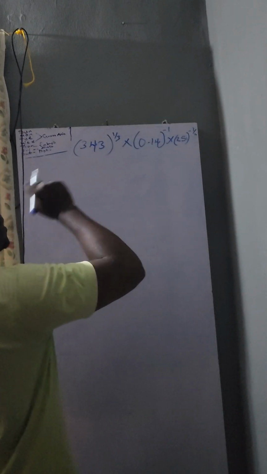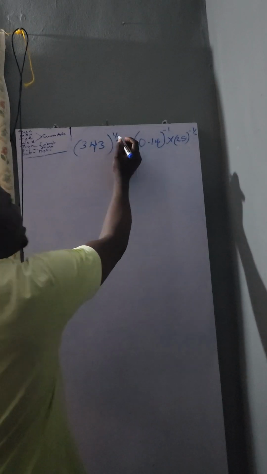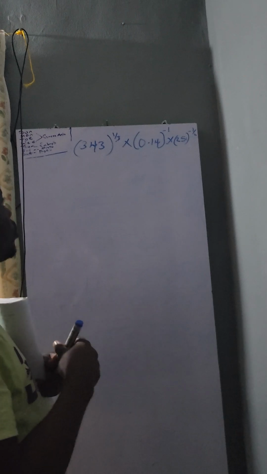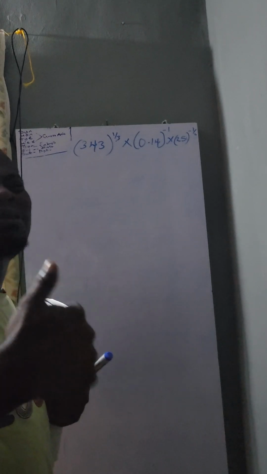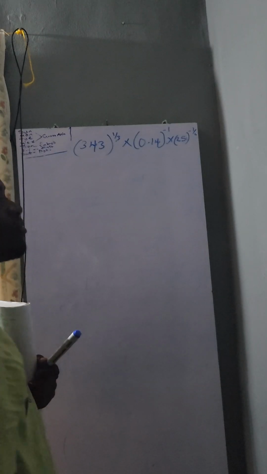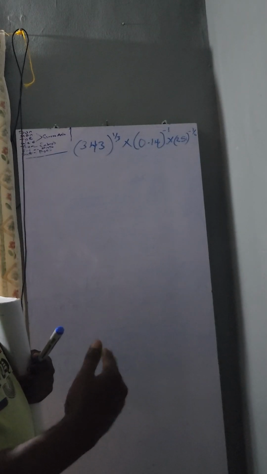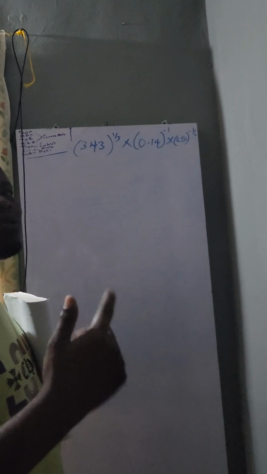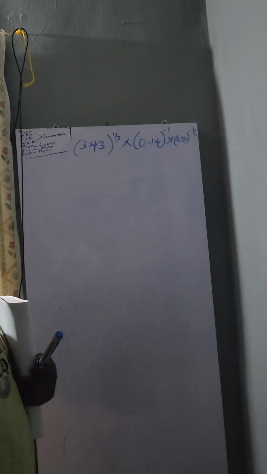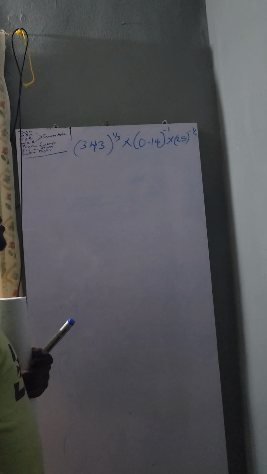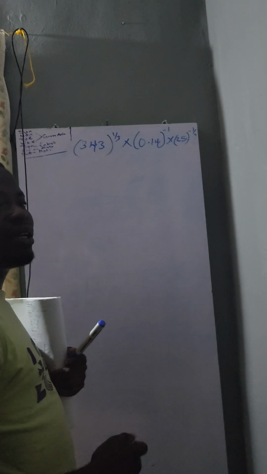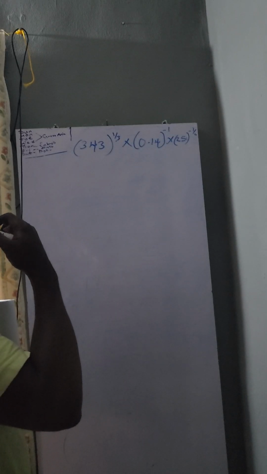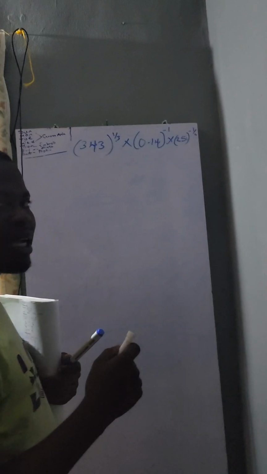Let's do this one after the other. This 343, and you're having 3 here. How many times must 3 be multiplied to give us 343? 9 times 9 is 81.